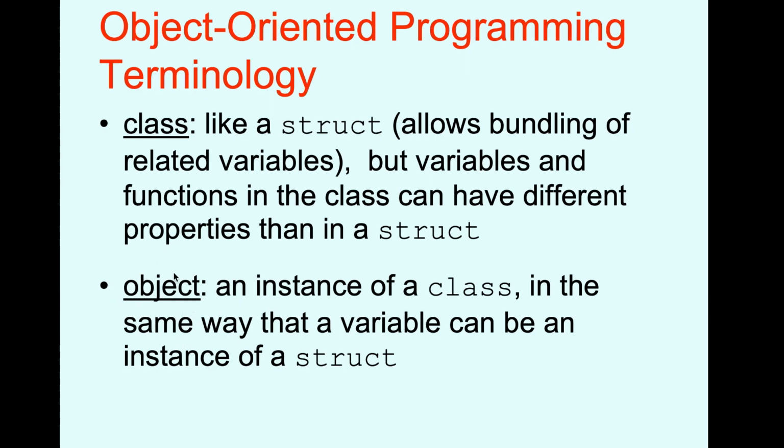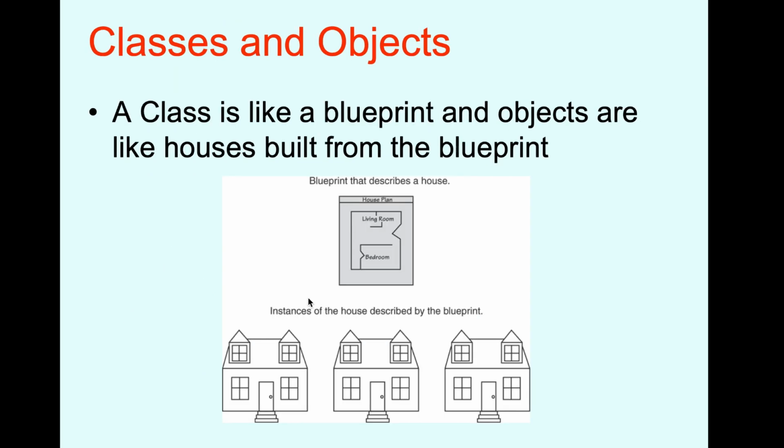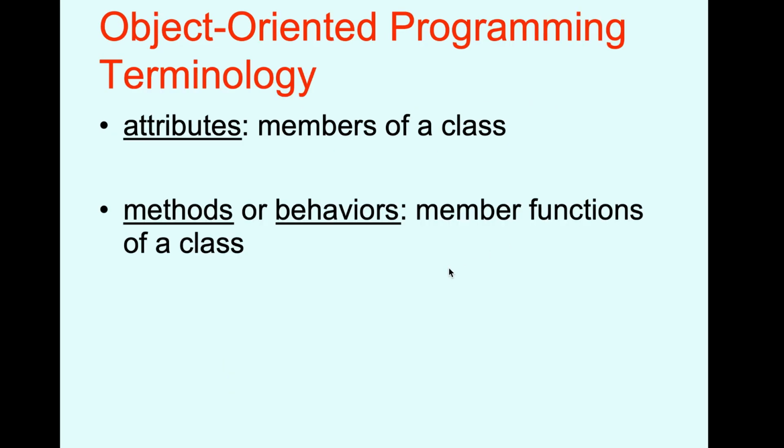Those variables are called instances, or objects, of that class. It's like a blueprint. Suppose we have a blueprint, like a map or plan of some house; this will be the class. And when we really build houses from this blueprint, the real houses will be called objects, and the blueprint is called the class.